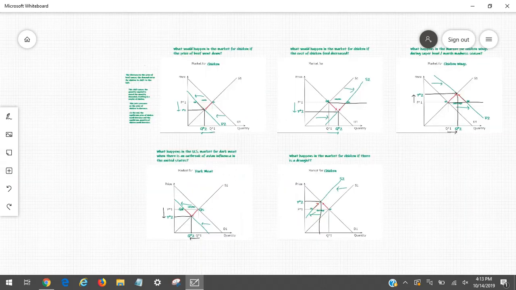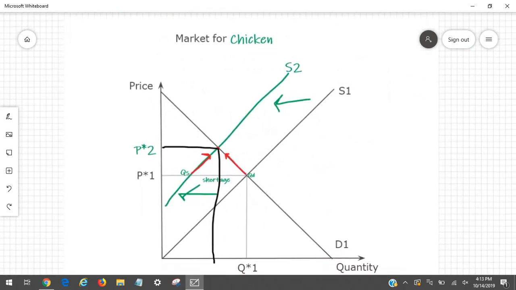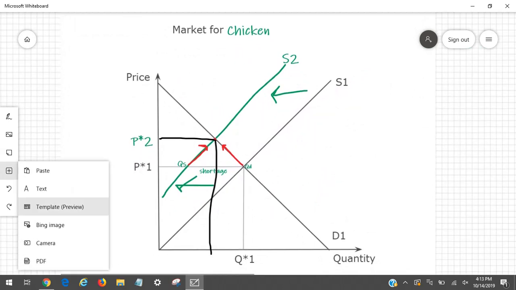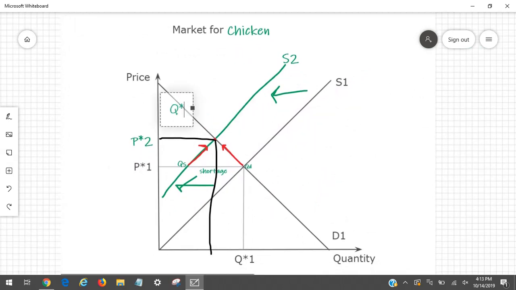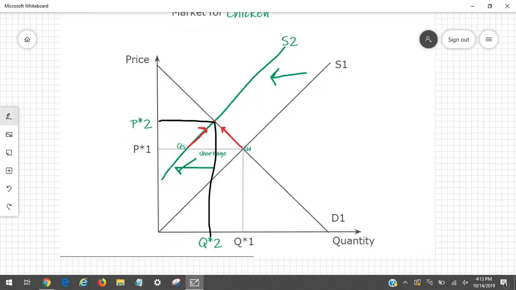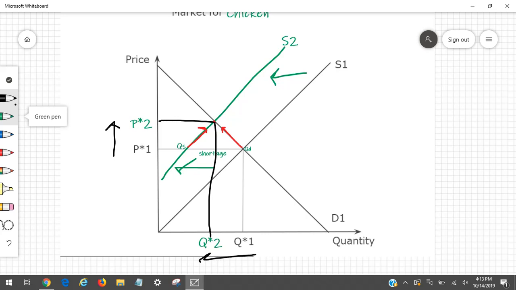And Q star 2, right there. Okay, so it looks like equilibrium price increased, equilibrium quantity decreased, went down to the left.